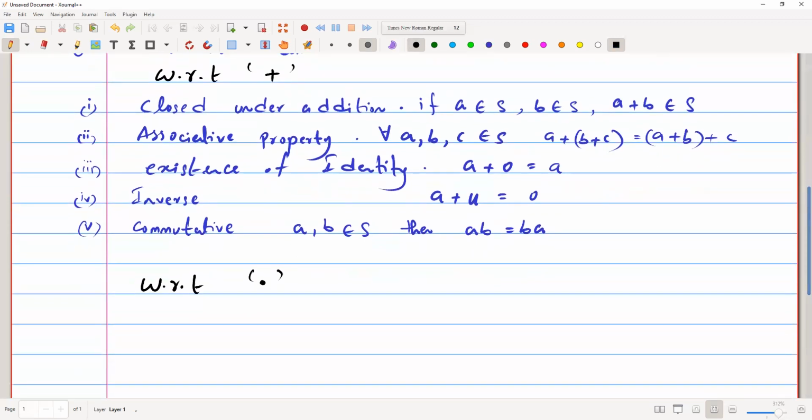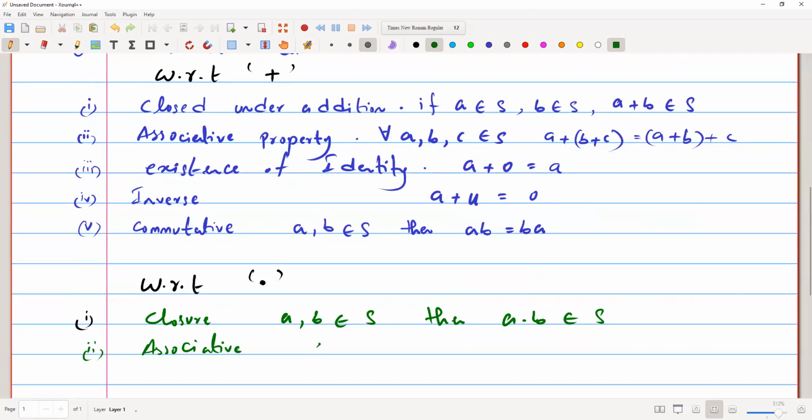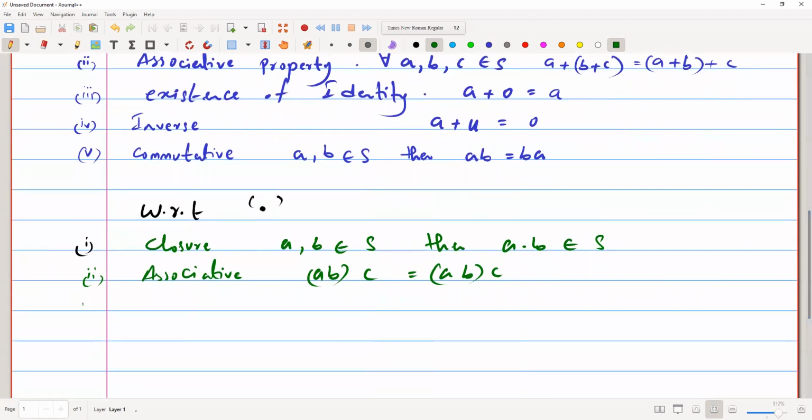That is, closed under multiplication, the closure property: if A, B belong to S, then A dot B also belongs to S. Then we have the associative property: (AB)C equals A(BC) in this manner. And then we have the identity element.